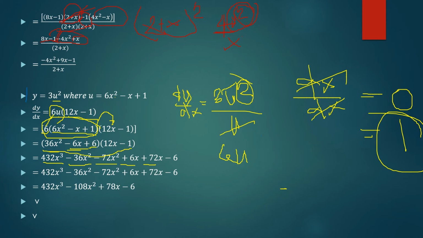And then the 6 times 1 there. And by regrouping it, finalizing it, and simplifying it, we will have the final output, which is 432x cubed minus 108x squared plus 78x minus x.